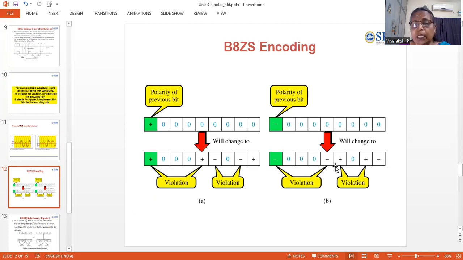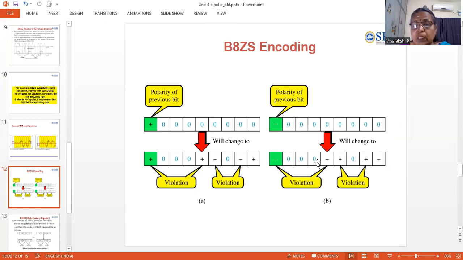And then if we take the next example, the polarity of the previous bit is negative. It starts with the negative, and it is followed by the 8 zero bits. So it has to be changed in terms of the polarity of the previous bit. Let us take the first violation as a 0. This is violation, so 0, that is negative.